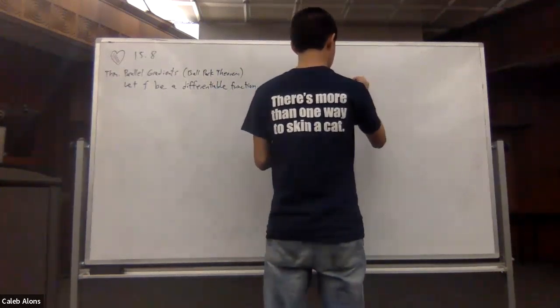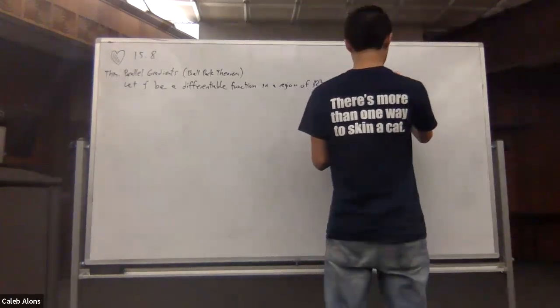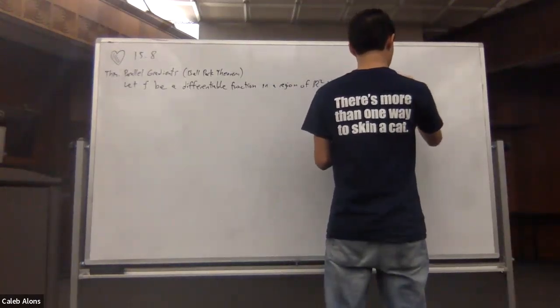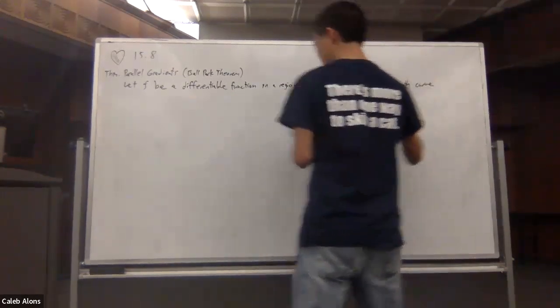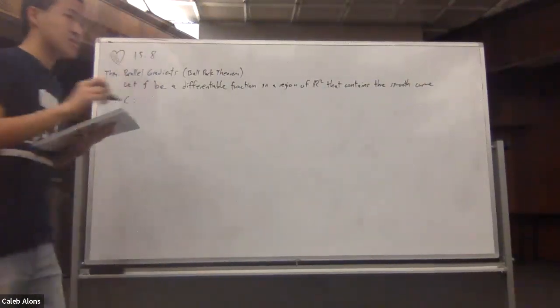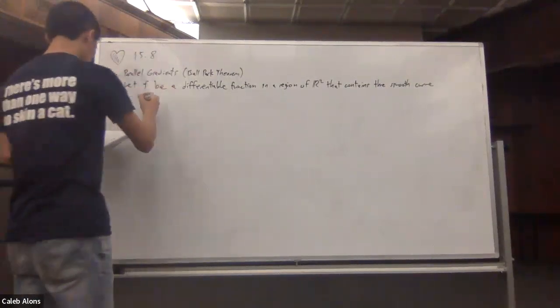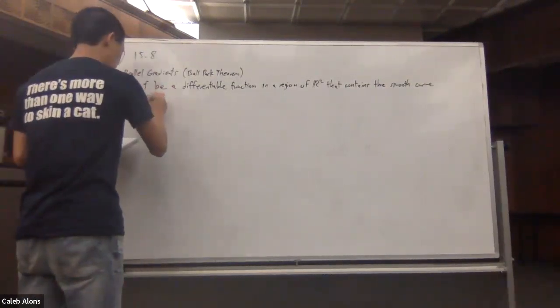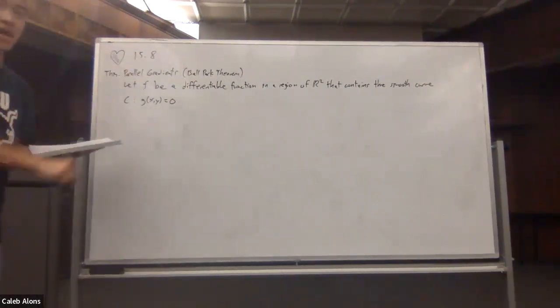That contains the smooth curve, and we're going to call this curve C, like we did. The colon means C defined by or as given by g(x,y) = 0. So that was like the specific constraint, or like the hiking trail.